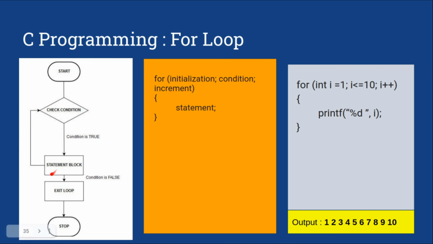If the condition is false, it will go out of the loop and the program will terminate, right? That is the job of a for loop, and all loops behave like this.